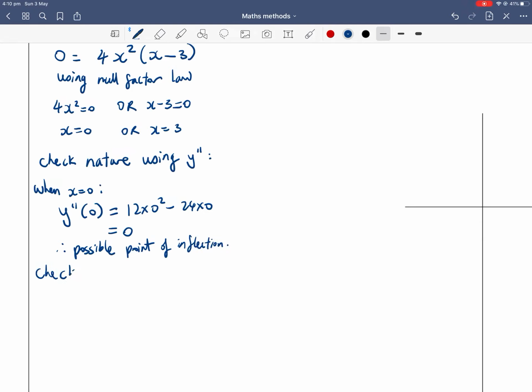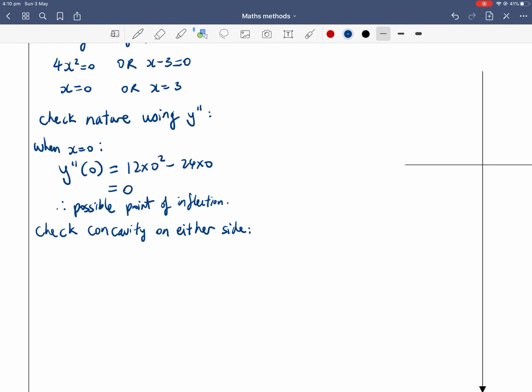So let's check concavity on either side, because if it's a point of inflection, it needs to have a change of signs on either side. So we need to draw up a little table.